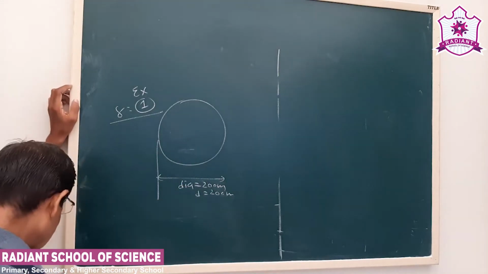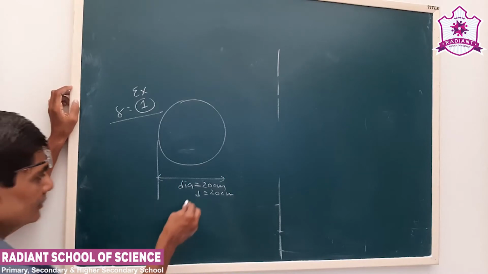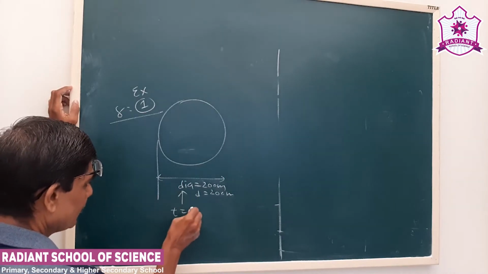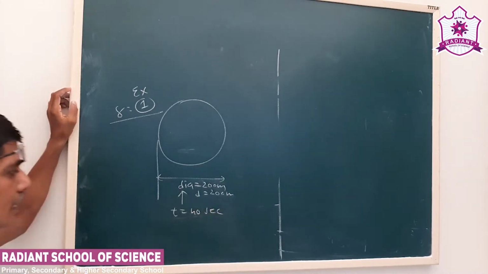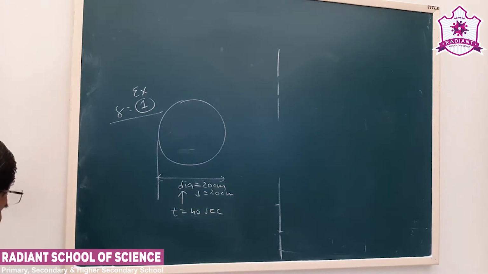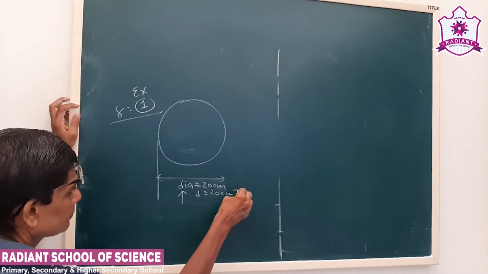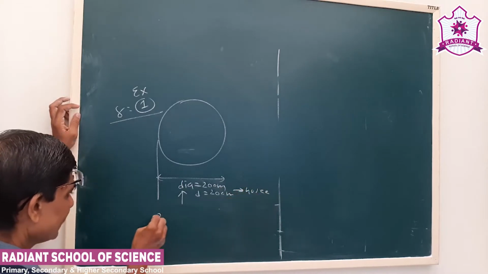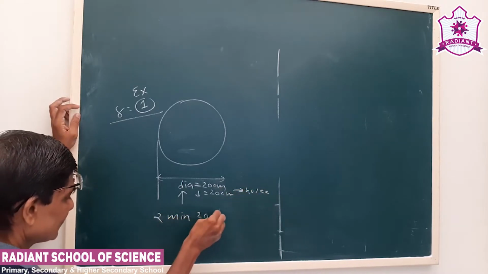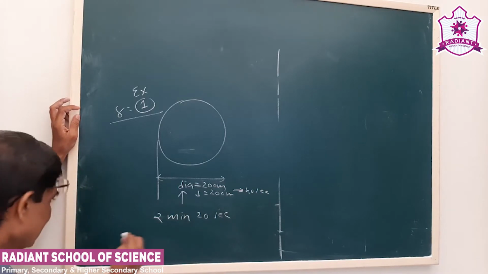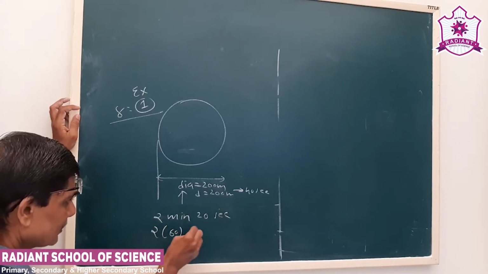What is the distance covered? See, one revolution it completes in 40 seconds. How much distance will it cover at the end of 2 minutes 20 seconds? Now 2 minutes, 1 minute is 60, plus 20.